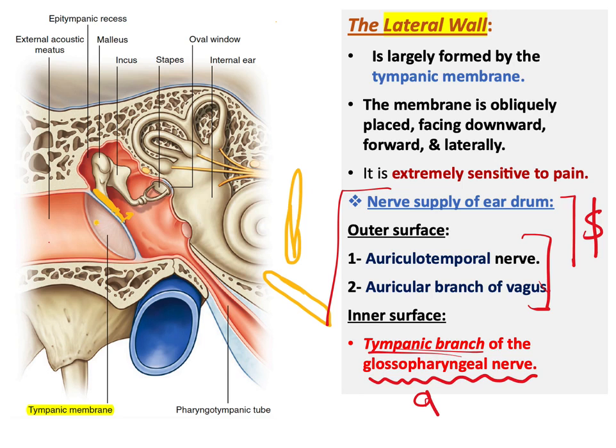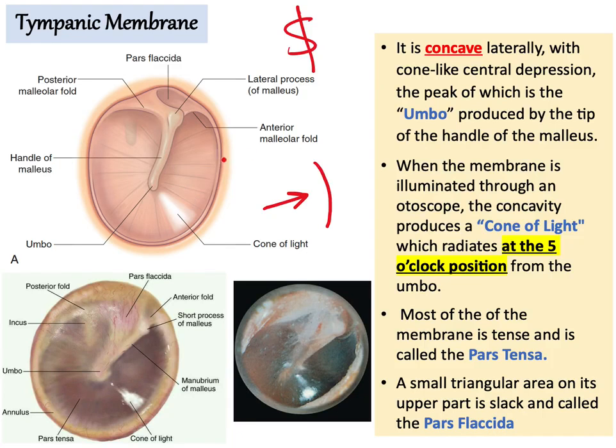By this way, the tympanic membrane is concave like that because of the handle of the malleus. The deepest point of concavity is here at the tip of the malleus. We call it the umbo.